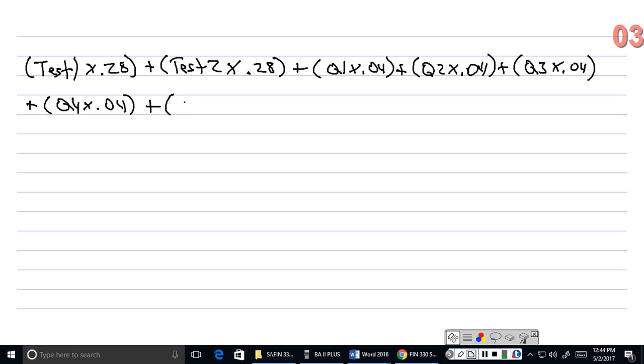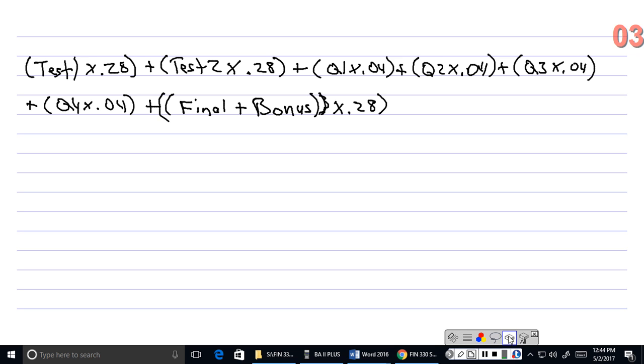Plus, now this is where you kind of have to estimate some, the final exam plus the bonus test. And to make it technically correct, I'll put my 2 parentheses there, times 0.28. Actually, that one shouldn't be there. I can take that one out. But anyway, you kind of get the point that you have to estimate.